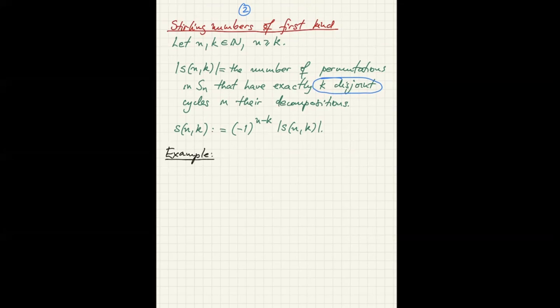So let's do some examples to see what we mean by this. Let's say, for example, n equals 3, and we have the permutation in two-line notation 1, 2, 3 over 2, 1, 3. This is a transposition (1 2) in our notation.